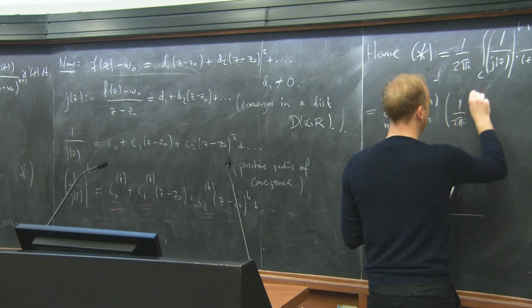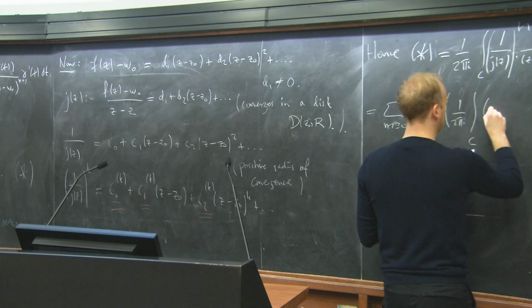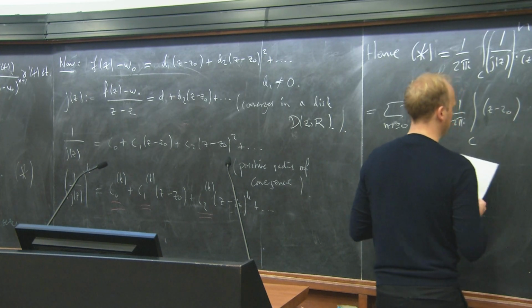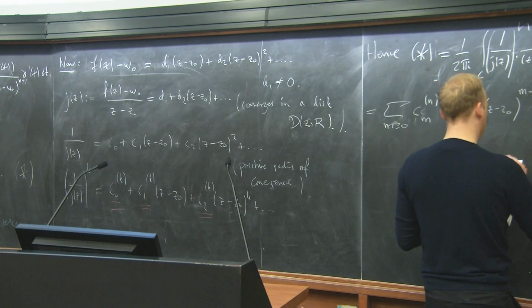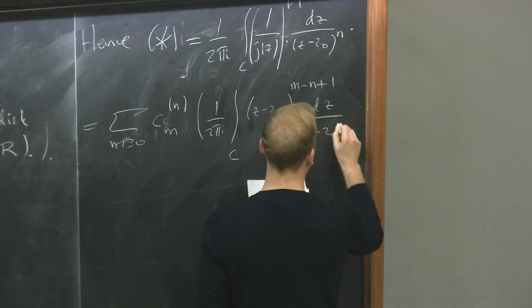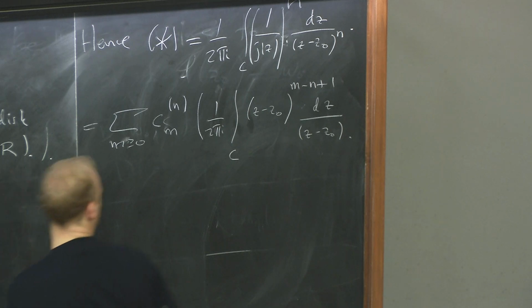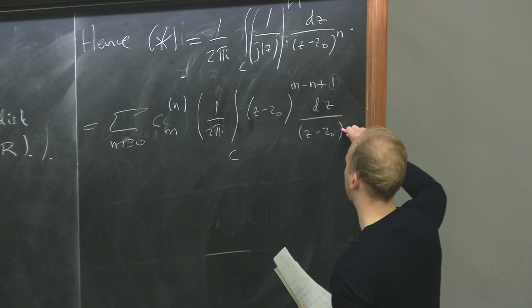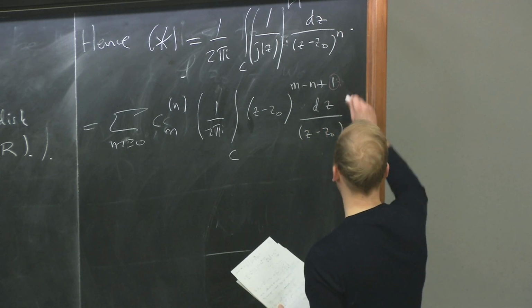And then I get an integral over here, and the integral is exactly this one: z minus z0 to the power m minus n, and then I put plus 1, because I put dz over z minus z0. So this plus 1 is related exactly to the fact that I also wanted to divide here. And then I close the parenthesis.